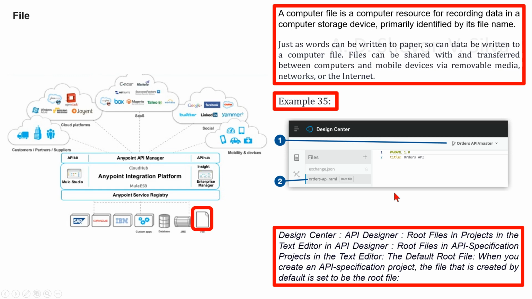When you create an API specification project, the file that is created by default is set to be the root file. For example, the name of the RAML API specification project is orders API. Here the default file, which is named orders-api.raml, is set as the root file, because every API specification project must have a root file.